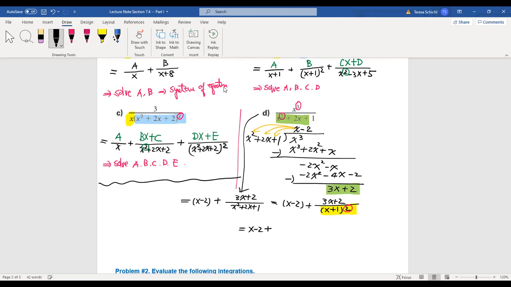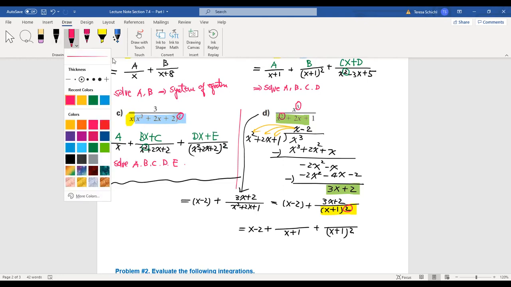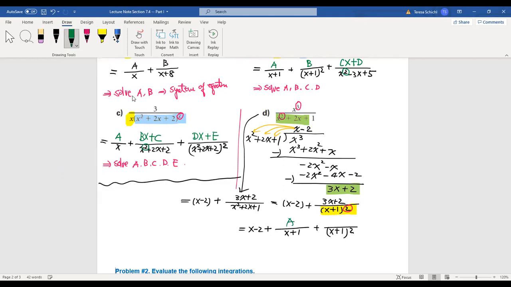So this is x minus 2 in the front. Then the first term is over x plus 1. And remember, if they have a power, you just continue carrying on till the end of the power. So the next one is over (x plus 1) squared. Because this is x plus 1, what is my constant? A, right?